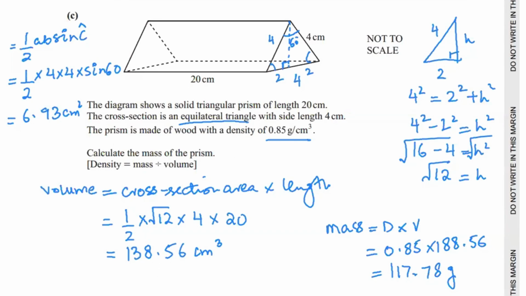And then 138.56 times 0.85 gives us 117.78. So both ways are correct. You stick to the one which you think is less time consuming and easy for you.